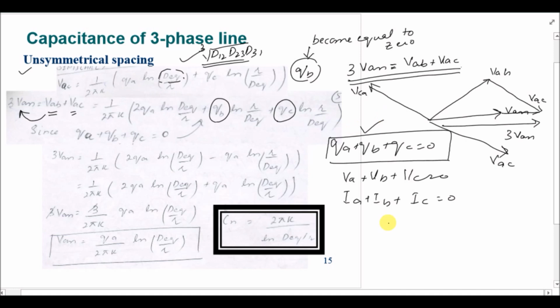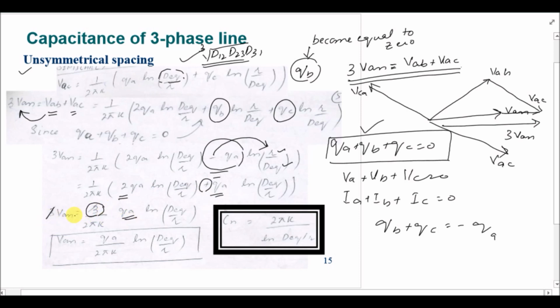So we can write that QB plus QC is equal to minus QA. That's why we have minus QA here in this equation, right? And when we take this negative sign inside the natural logarithmic term, this will become positive, and the numerator and denominator will be reversed, will change position, and this will become 3QA.